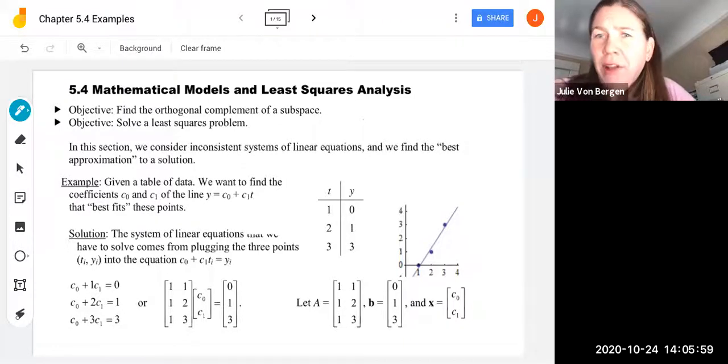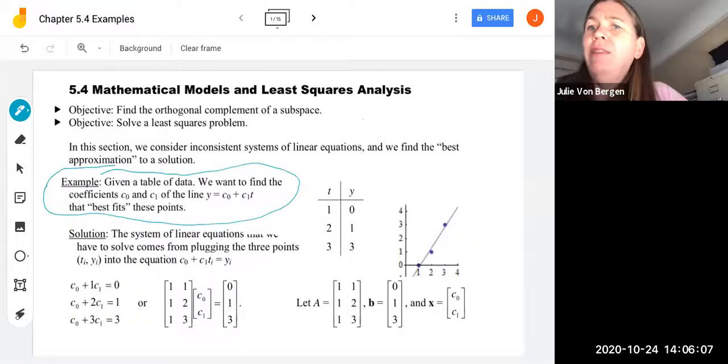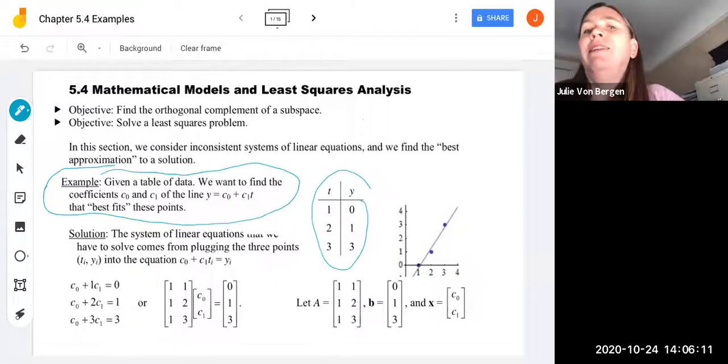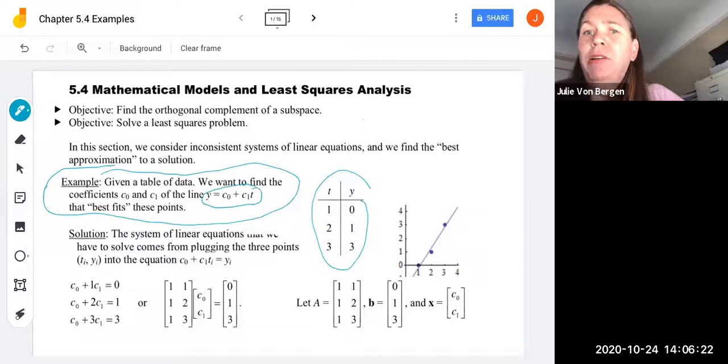Okay, so here's the example. Given this table of data over here, and we're using t and y, but you could think of it as x and y, we want to find the coefficients c naught and c1 of the line y equals c naught plus c1t that best fits these points.